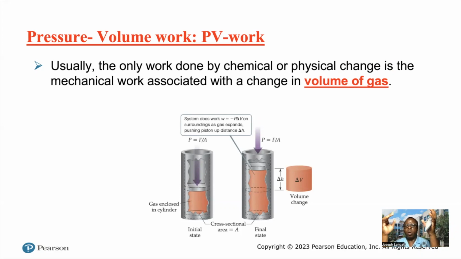It will do work on, in this case, the tube, be it for bicycle, or it will do work on my hand by expansion. So when a system expands, it does work on the surrounding. Or if it contracts, that means the surrounding is doing work on the system.